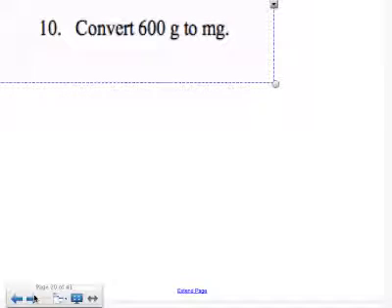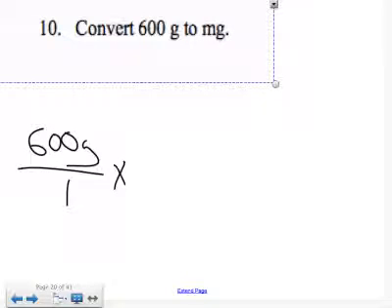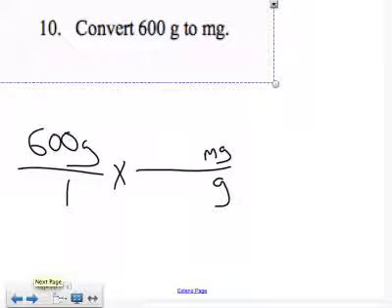Number 10. Convert 600 grams to milligrams. So this is going to be dimensional analysis. So we start with 600 grams over 1 times. We want to put our unit of grams on the bottom. We're trying to cancel that out, and we're converting to milligrams. We put that on the top. And we know that 1 milligram is equal to 0.001 grams.